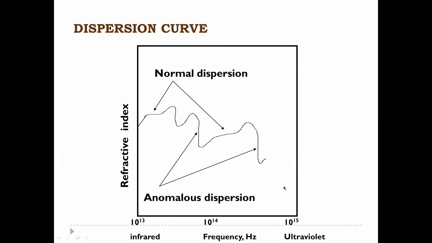For example, if I use a glass lens for infrared, it will not be useful for ultraviolet.